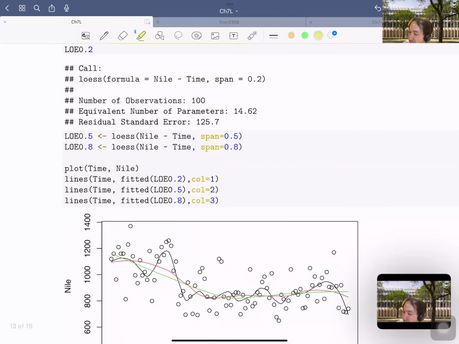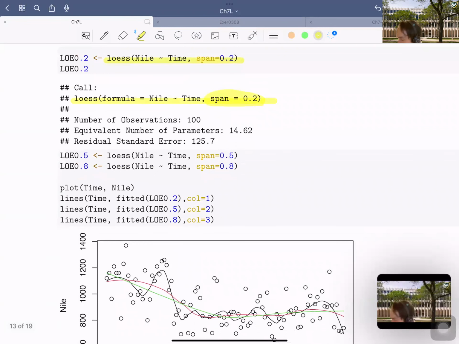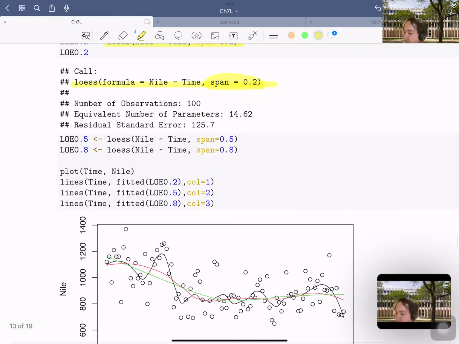The format is very similar to lm, but we have to specify what percentage of observations are used. It also uses weights, probably determined by a normal density function, but you can change that if you specify the option.